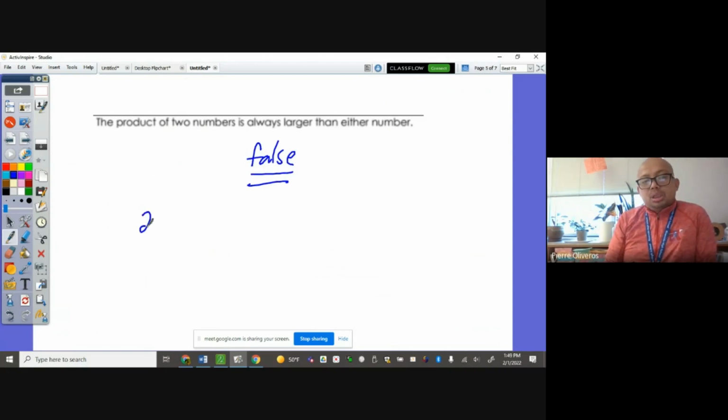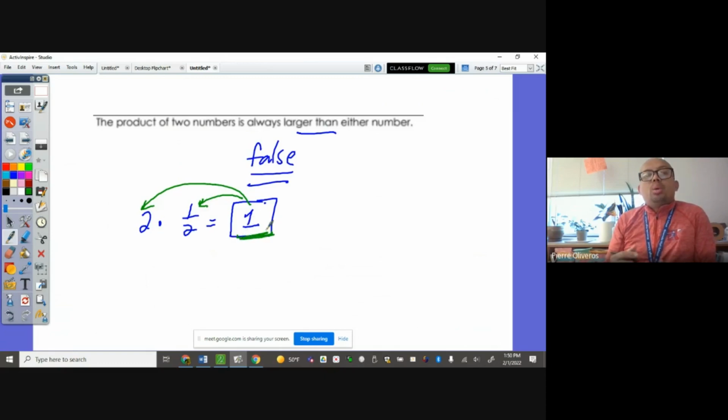If I multiply 2 by a half, the answer is 1. Is the product always larger than either number? Is 1 bigger than 2? No. Is 1 bigger than 1 half? Yes. Since 1 is not greater than each factor, this is false. So this is a good counterexample.